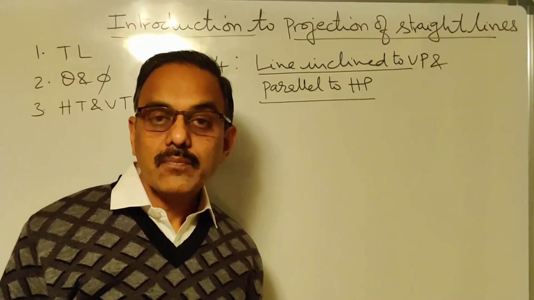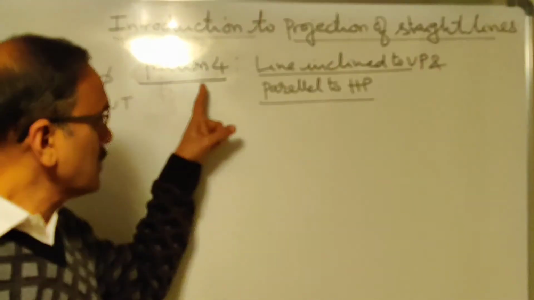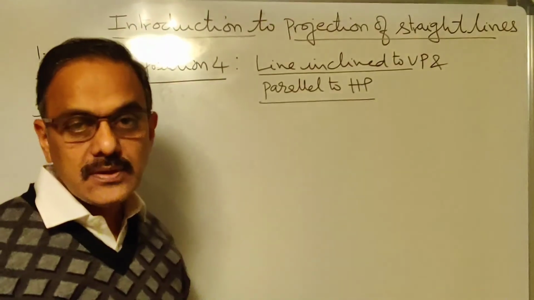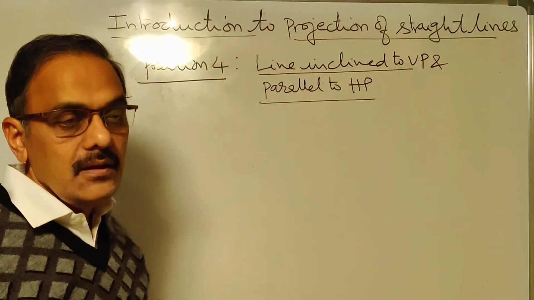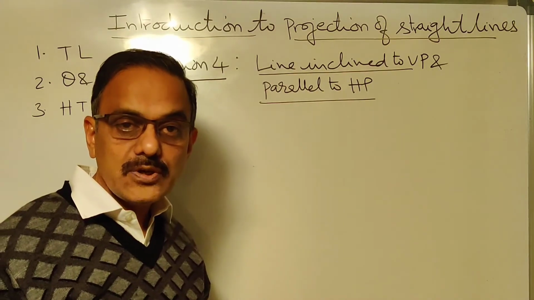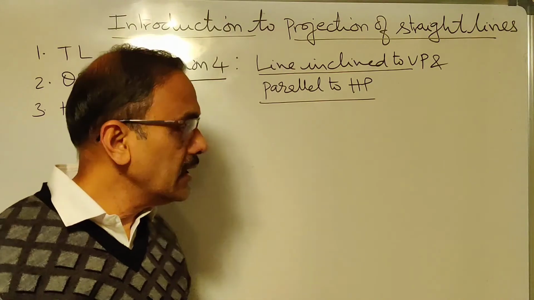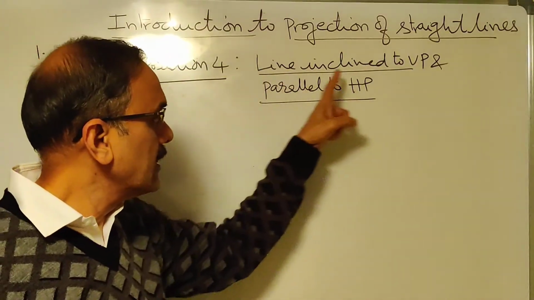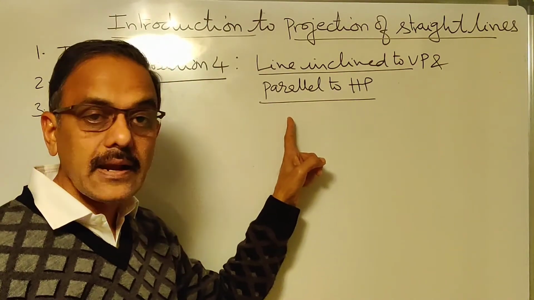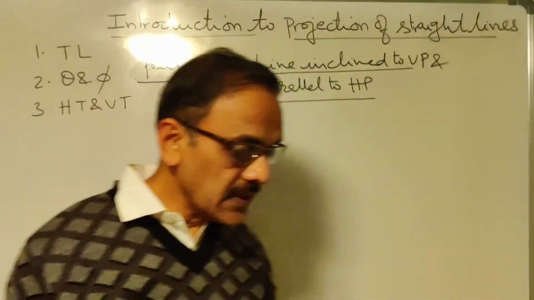Okay, let us take position number 4 now. Position number 4, line is inclined to VP and parallel to HP. If you recollect, in the first 3 positions I kept the line parallel to VP. But here I made the line inclined to VP. Of course, it is made parallel to HP. So can you see its position in space?